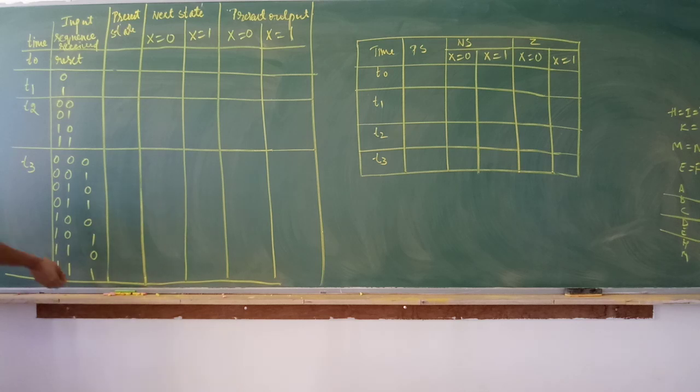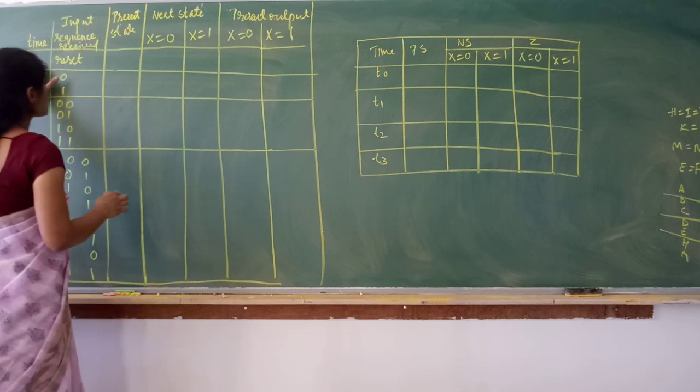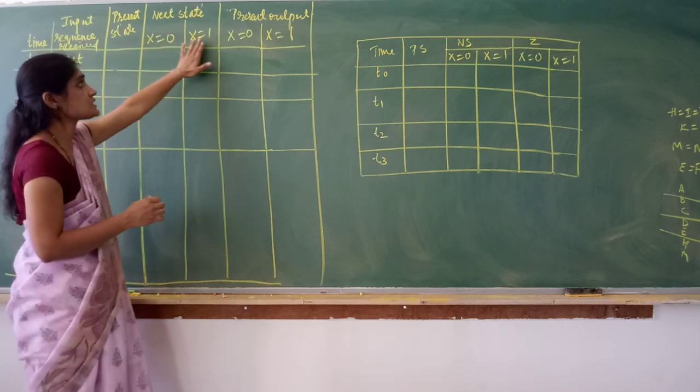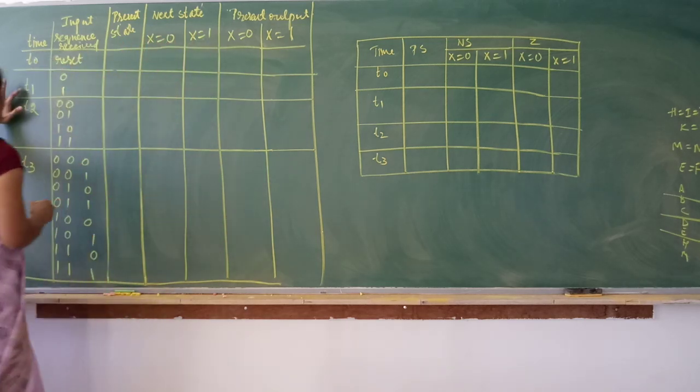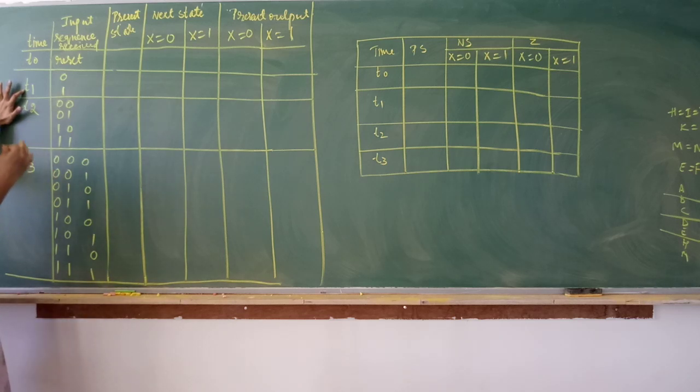At time t0, t1, t2, t3. So what is the input sequence? At time t0, we have not received any sequence yet. So at time t0 we have to receive either input 0 or input 1. At time t1 we already have received one bit. At time t1, 2 bits we should get, right?